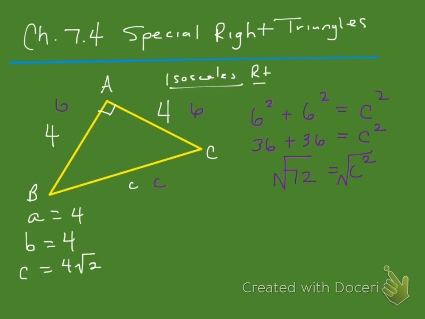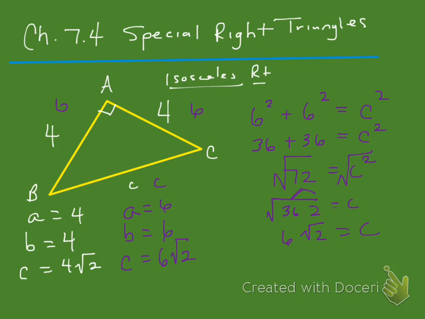I want to show you that breakdown. Again, you have the square root of 36 times 2. The square root of 36 is 6, so the 6 comes out, times the square root of 2, equals c. So on this triangle, a is equal to 6, b is equal to 6, c is equal to 6 square roots of 2.